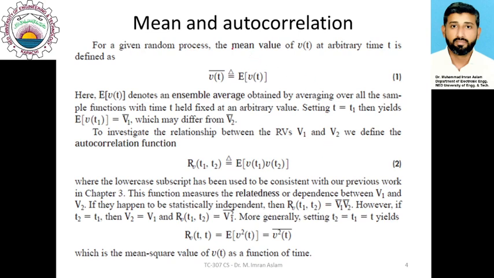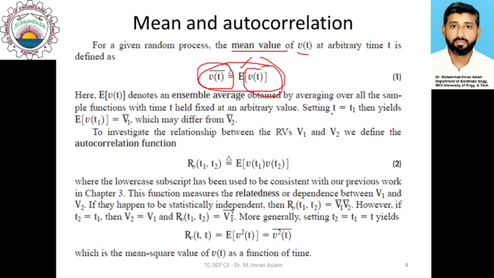As you can see, if you want to find the mean value of this random process v(t), we can calculate it by taking expectation of this v(t). However, now you should notice that this v is not a constant number, because it's dependent on time as well. So the average value or mean value that you will be getting in general can be a function of time.